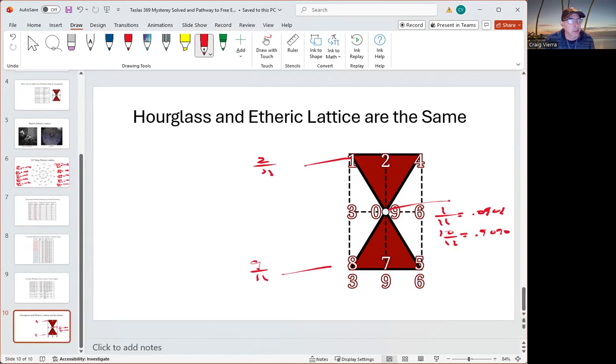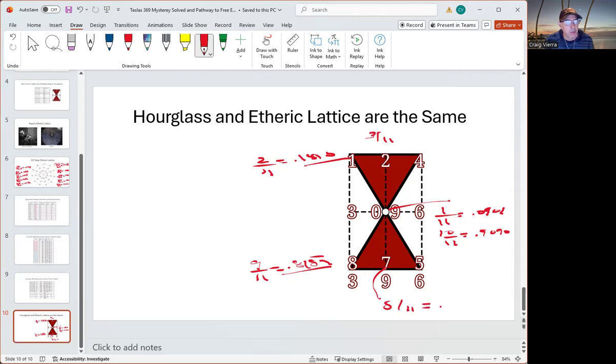So this here, 2/11ths is 0.1818. 9/11 is 0.8181, and these are all repeats. Then here, the 2 and the 7, this is going to be 3/11ths, and down here for the 7 will be the 8/11ths.